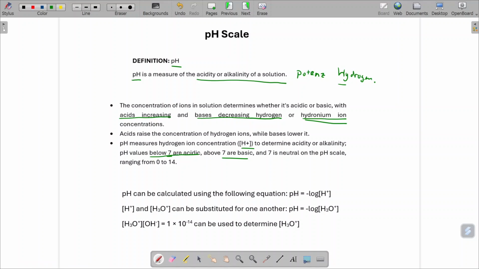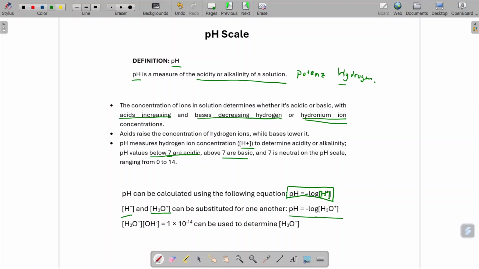The equation we use is the following. We say that the pH is the negative log of the hydrogen or hydronium concentration. So we can write either hydrogen concentration or proton concentration and hydronium concentration. They mean the same thing. And so we can also write it in this form.